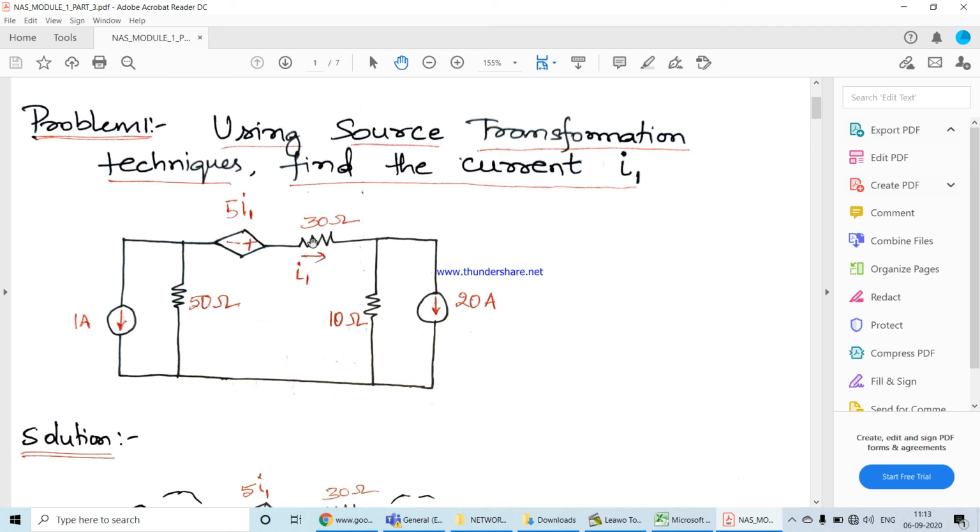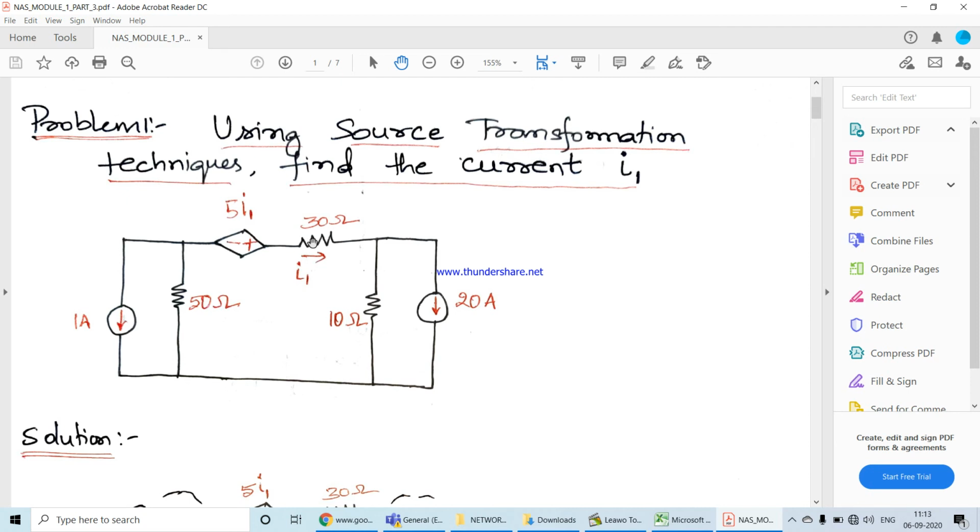So you have to apply source transformation in such a way that the circuit becomes simpler step by step. Every step you should get a reduced network. You should not add any complication in the circuit. That is very important when you apply the technique.